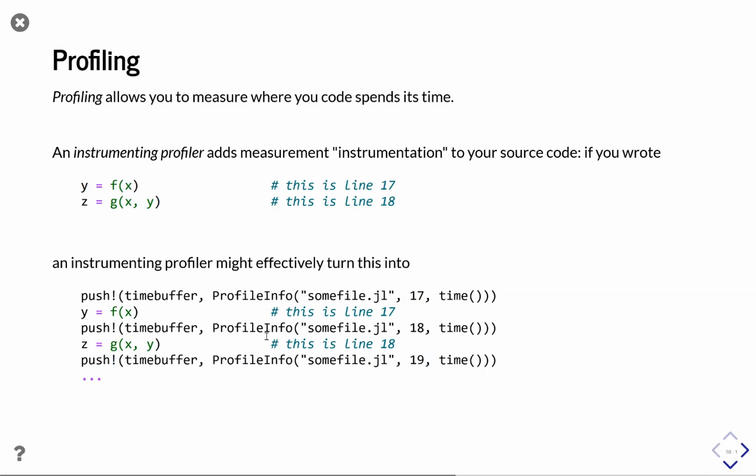But there's a much more insidious way in which it can take extra time, and that is the following. Julia and some other languages that have aggressive, highly optimized compilers, the compilers will often essentially rearrange your code to put it into a form that will run at its fastest speed.